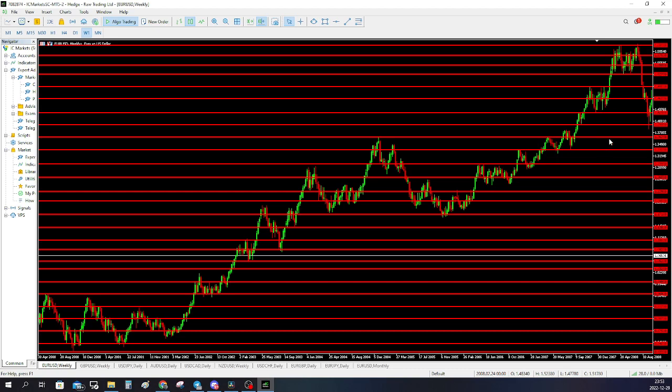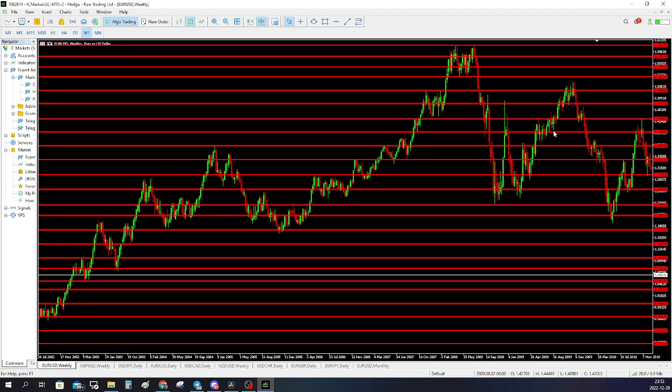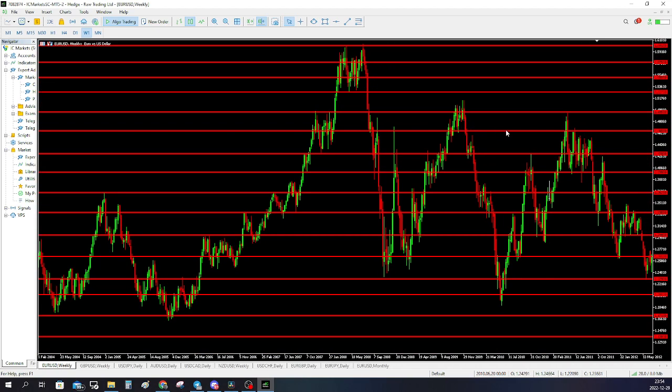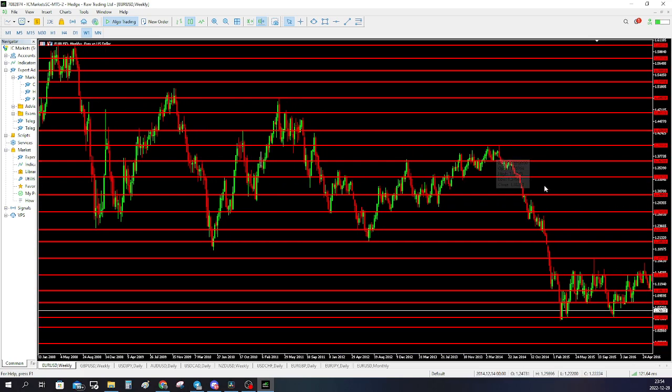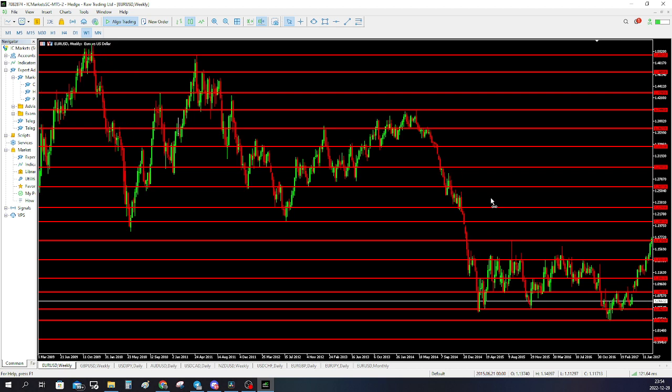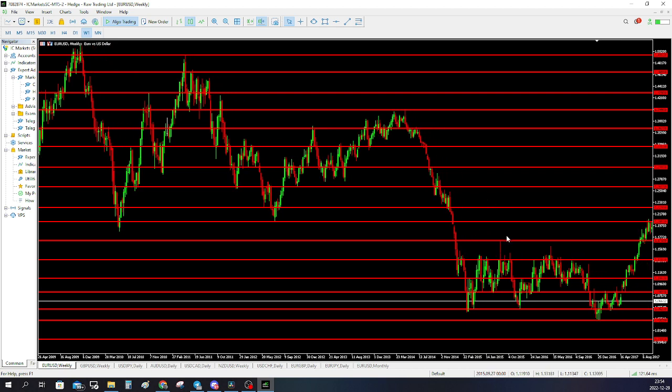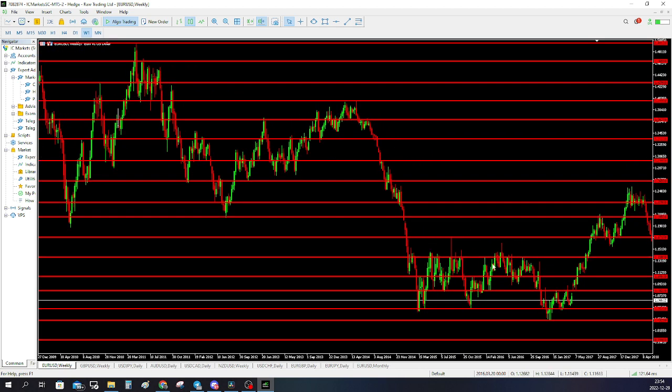So yeah, this is the way that I use these lines. There's no telling what will make the line break, or the line is broken.